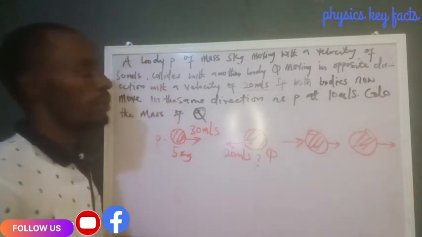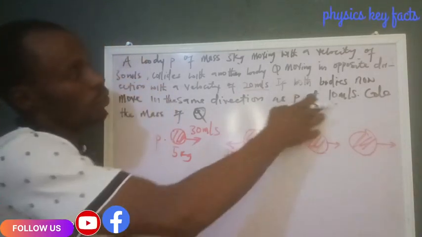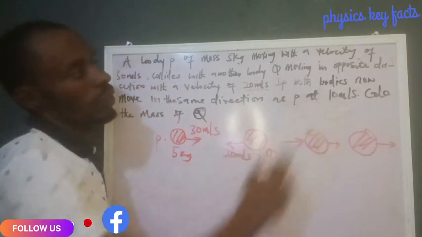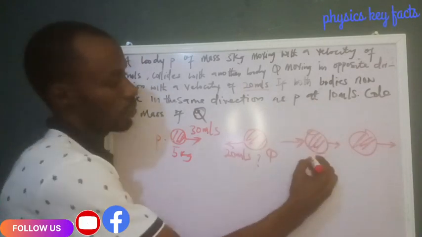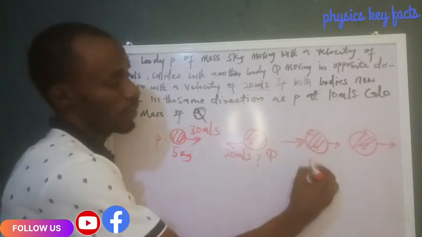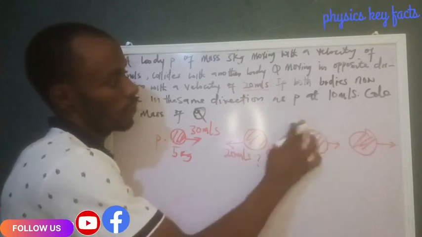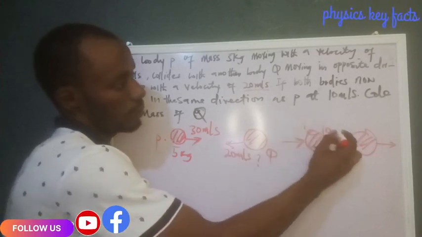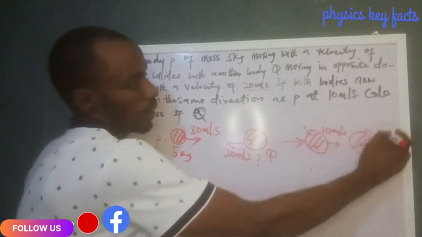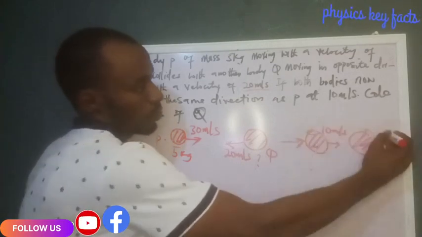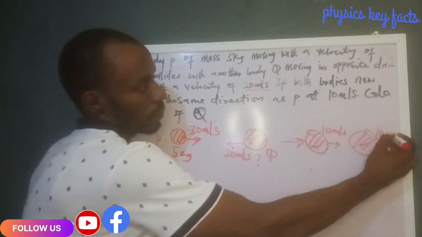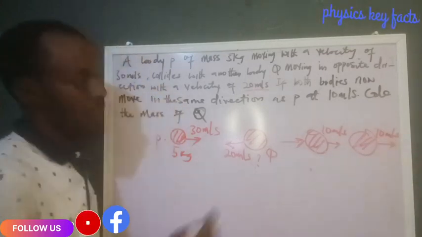They are moving in the same direction. So they both move with a velocity of 10 meters per second. Same P, moving with a velocity of 10 meters per second, and same Q, moving with a velocity of also 10 meters per second.